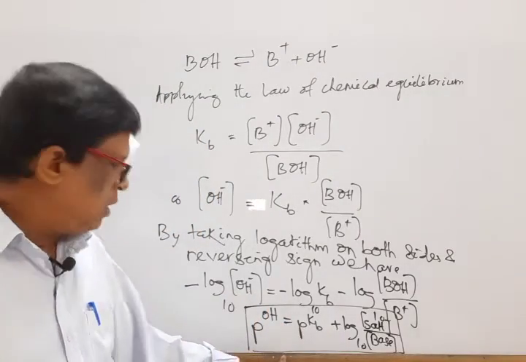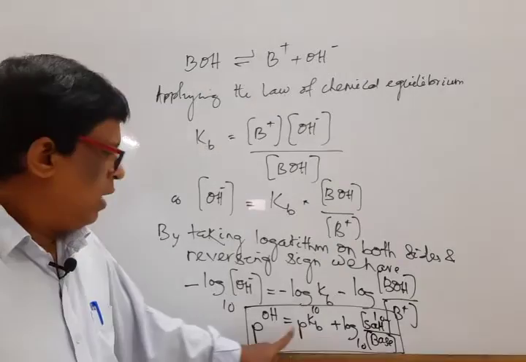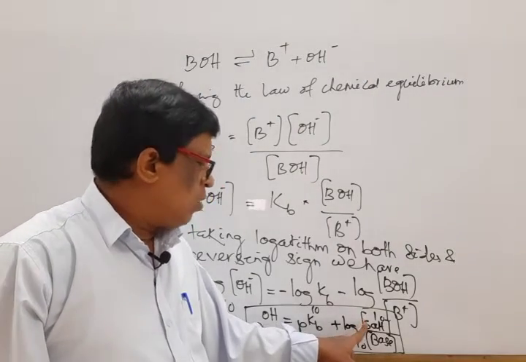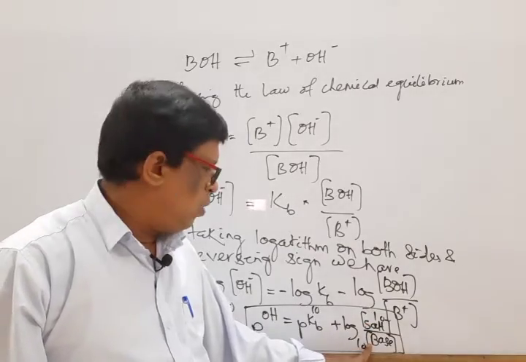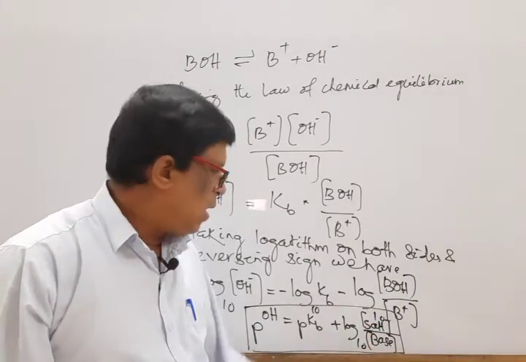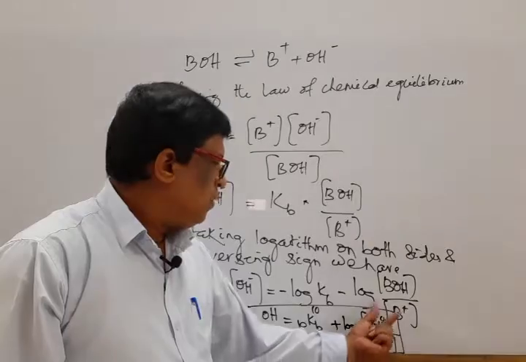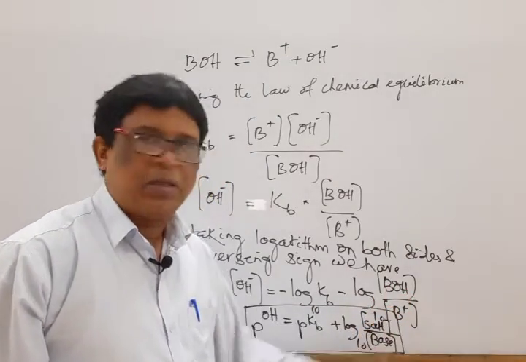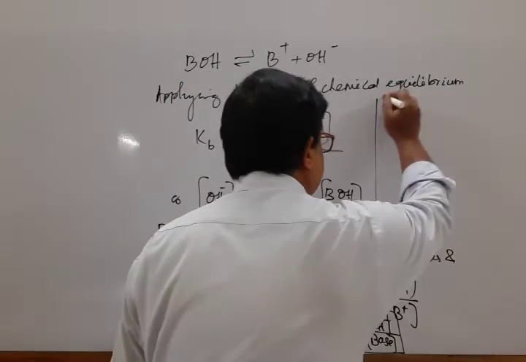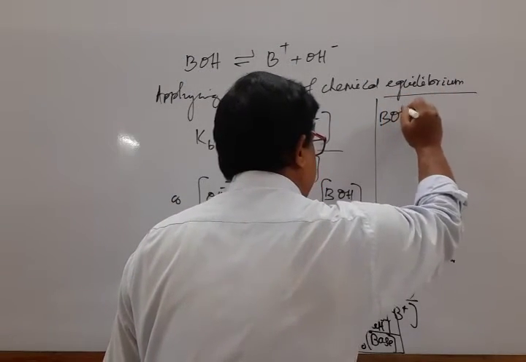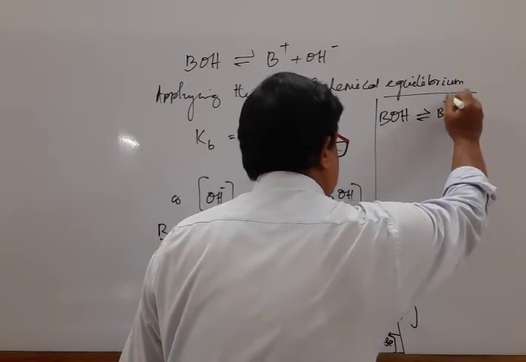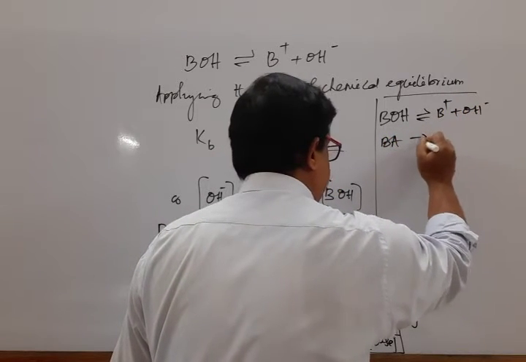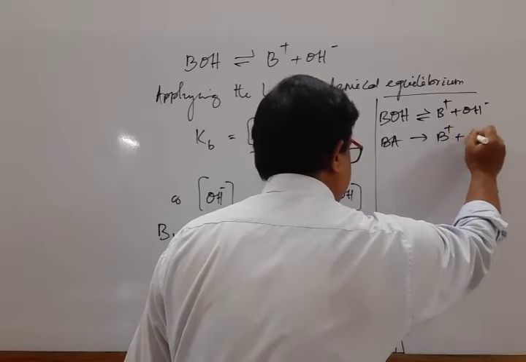This is known as Henderson equation for a basic buffer. Henderson equation for a basic buffer is pOH is equal to pKb plus log molar concentration of salt by molar concentration of base. Mark that BOH stands for base. Weak base breaks down to B plus and OH minus, BA salt, a strong electrolyte, gives rise to B plus and A minus.